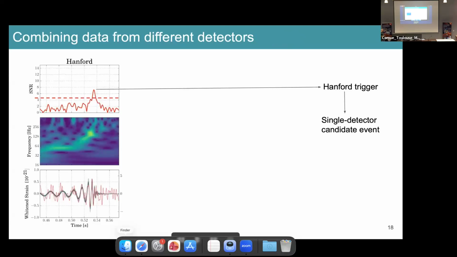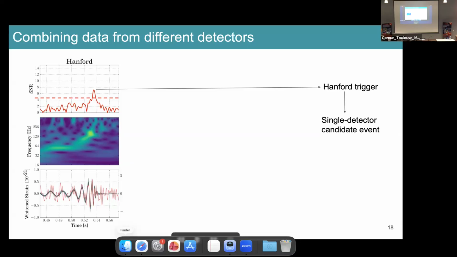Okay, now we have to do another thing, which is combining data from different detectors. For example, here you have data from only the LIGO-Hanford detector. You calculate the SNR, you find a peak above your threshold, nice, you have a trigger. And this can already be a candidate that goes into your catalog of CBC triggers.